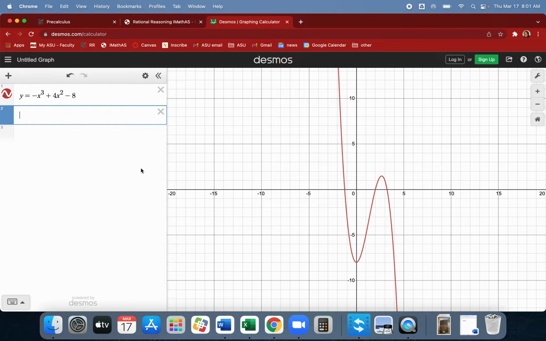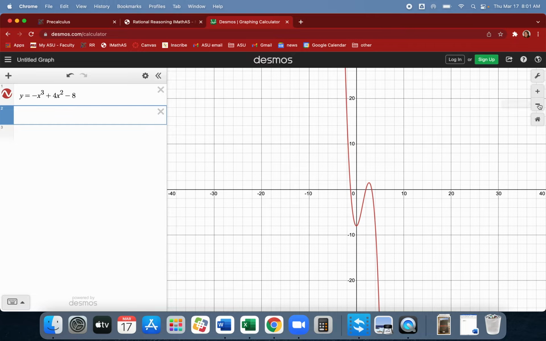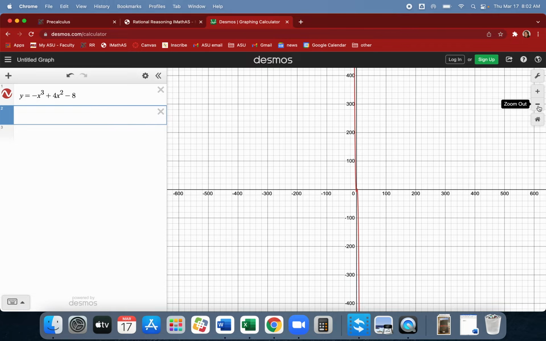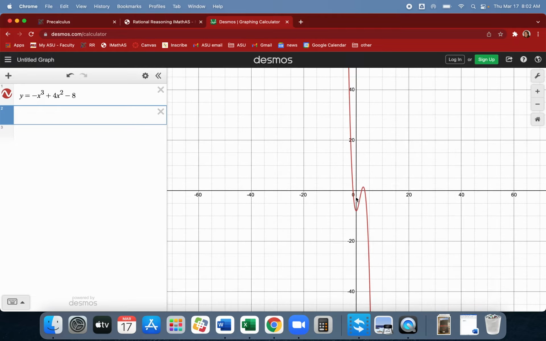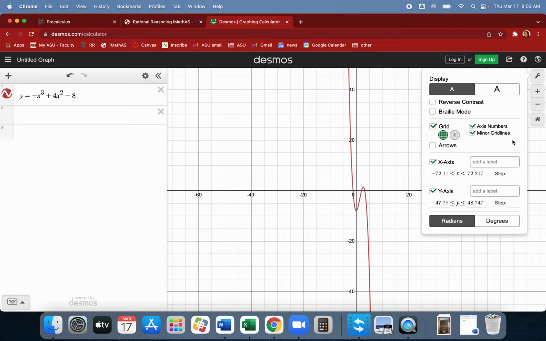There we go. So zoom out a little bit. Left side goes up, right side goes down, it wiggles around in the middle a little bit, goes through -8 on the y-axis. If we were to zoom out a lot, actually what I want to do is zoom out in one direction.